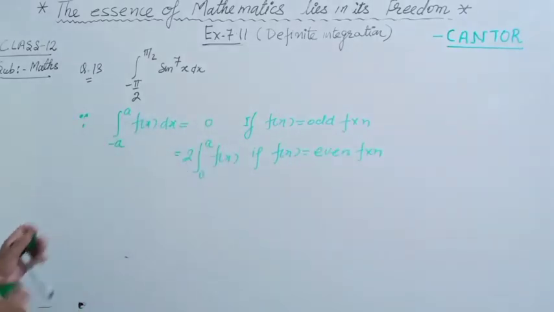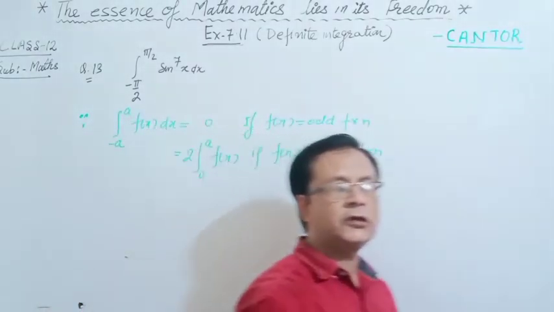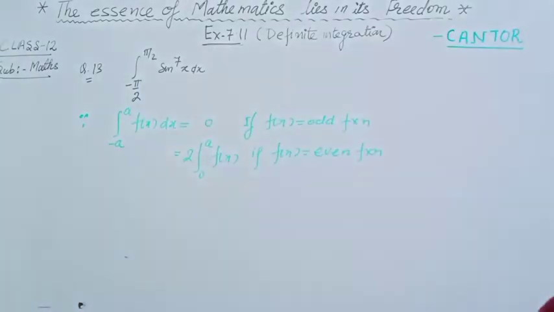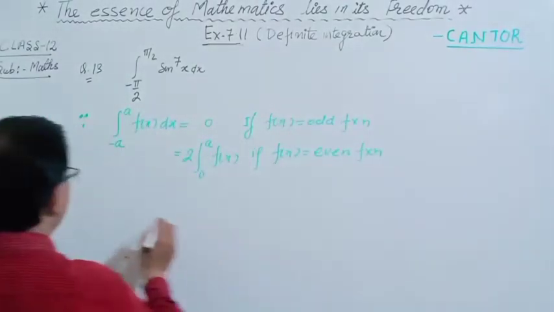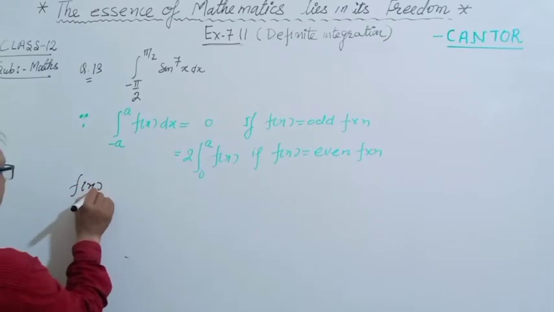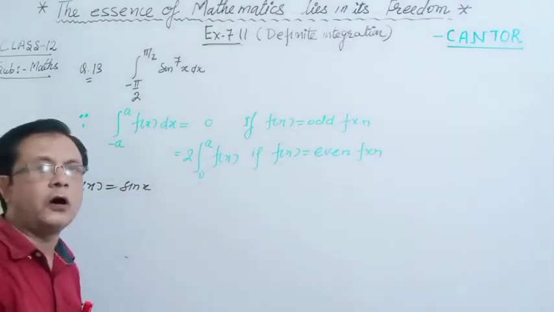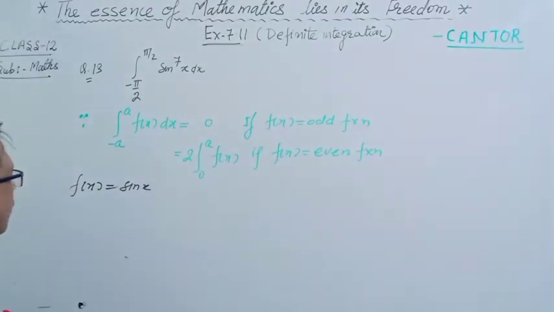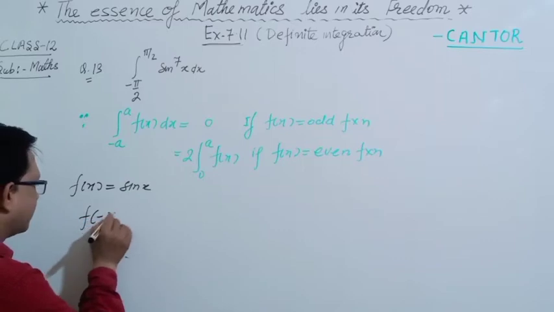Before you start the question, it is your duty to first check whether the function is even or odd. Many students directly learn that sin x is an even function, but I will show you. Where the function is given f(x) is equal to sin x, as in the previous question, we check the even or odd criteria by putting minus x in place of x.